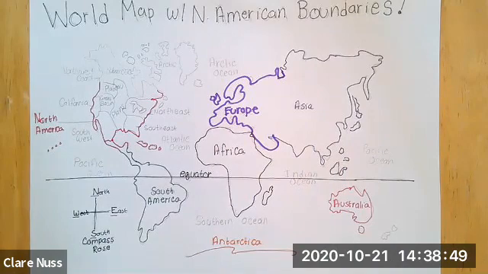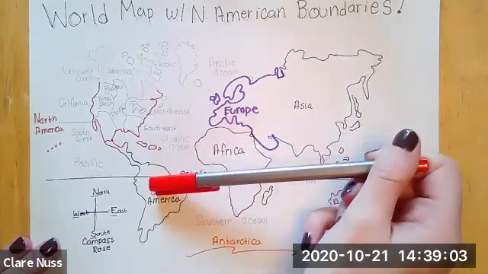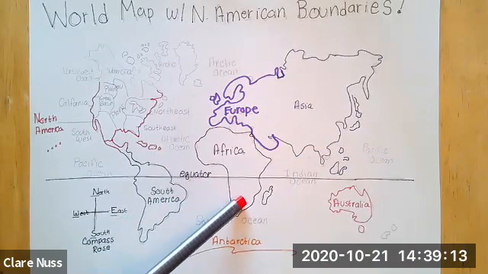Which continent is to the west of Europe? If you said either North America or South America, you're totally correct. To the west. Which continent is to the east of South America? If you said Africa, you're right.